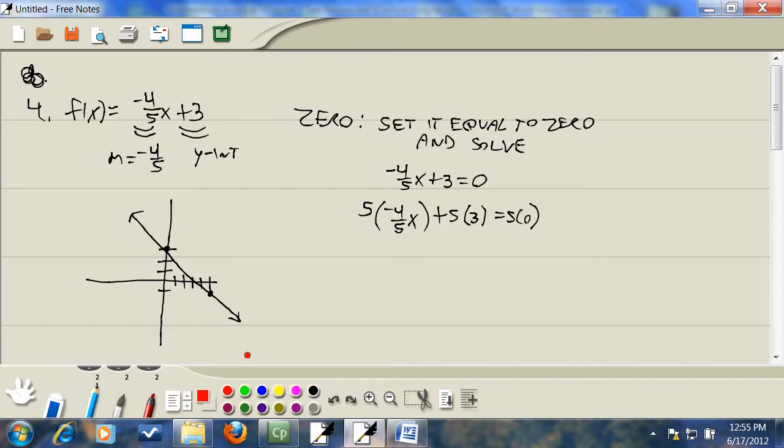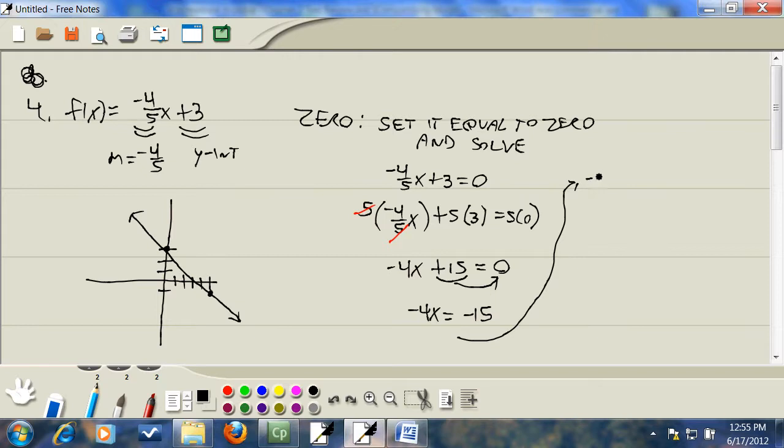Now when I do that, the 5s are going to cancel, and we get negative 4x plus 15 equals 0. Third step, get everything with an x on one side, numbers on the other side. I'm going to take the 15 over to the right side, so I get negative 4x equals negative 15. Take anything across the equals sign, the sign changes.